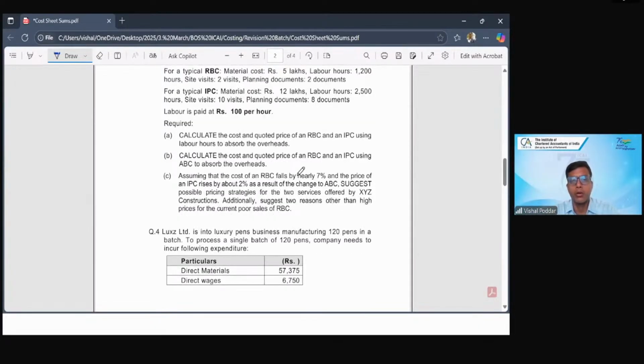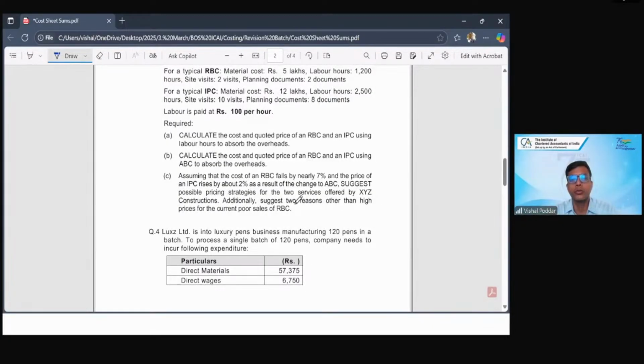Assuming that the cost of an RCB falls by nearly 7% and the price of an IPC rises by 2% as a result of the change to ABC, suggest possible pricing strategy for the two services offered by XYZ Construction.